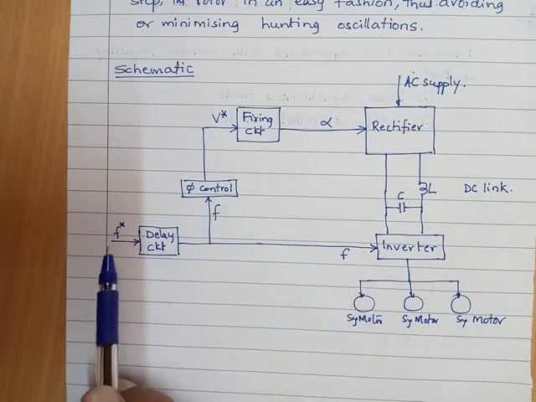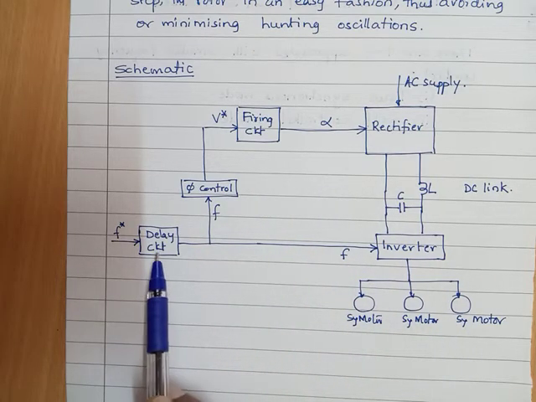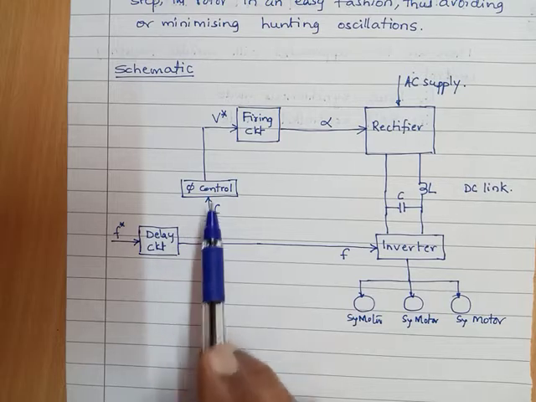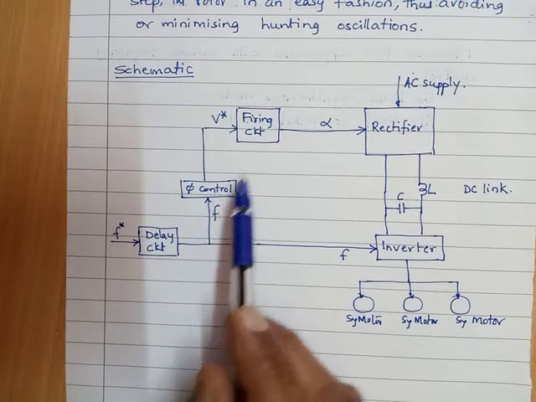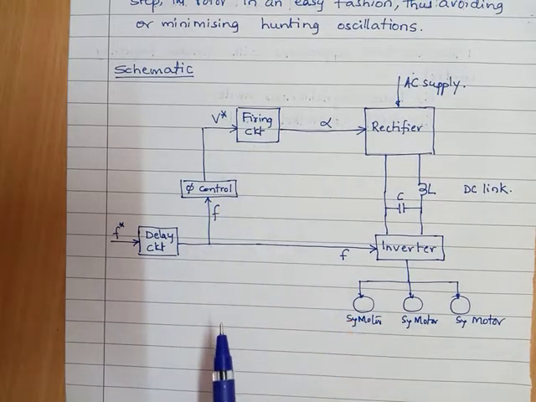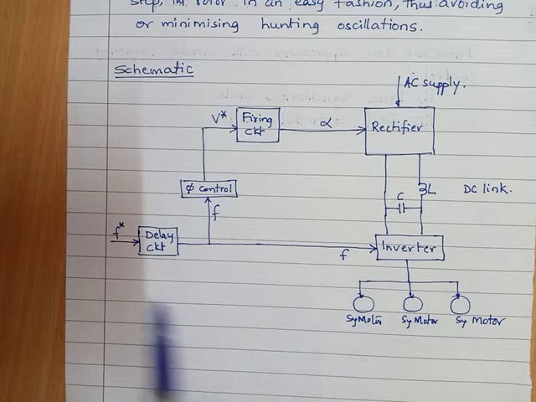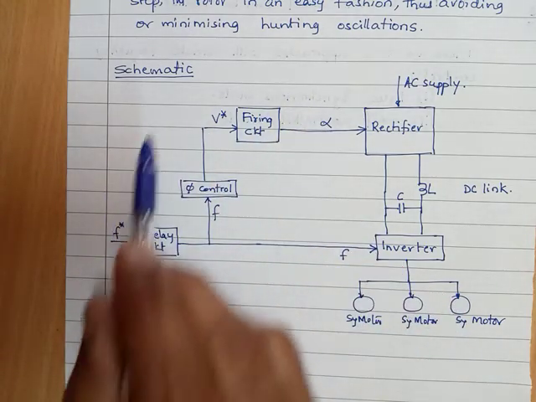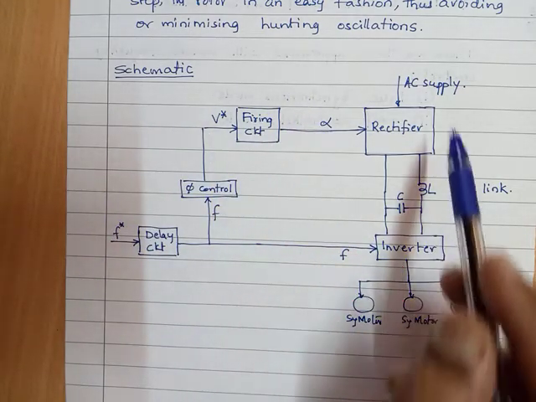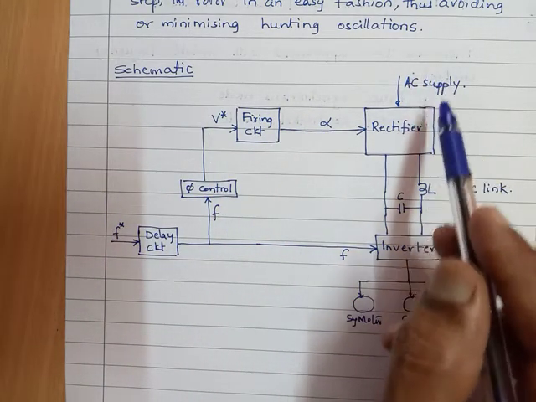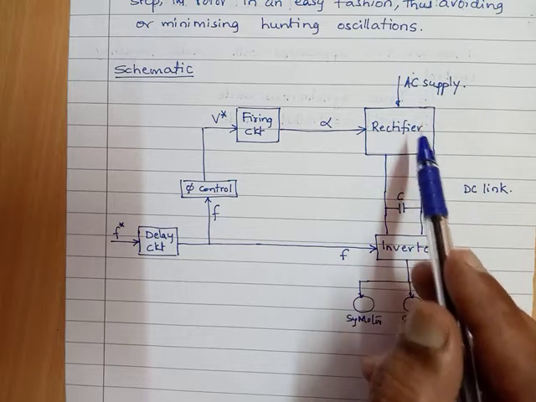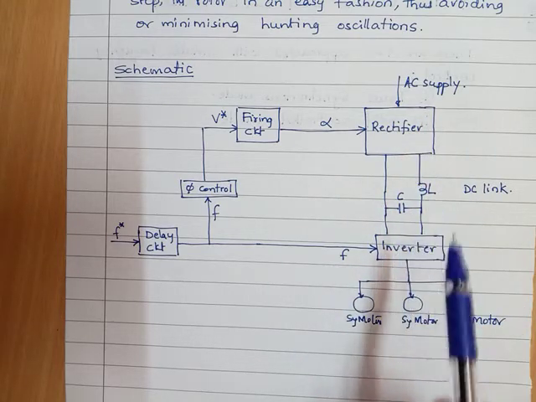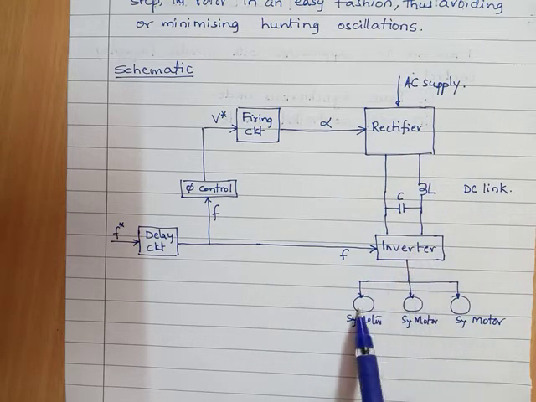Reference frequency F star, delay circuit, flux control, firing circuit. All this part turns out to be the control part. Here AC supply, rectifier, L and C, inverter, and then the synchronous motor.